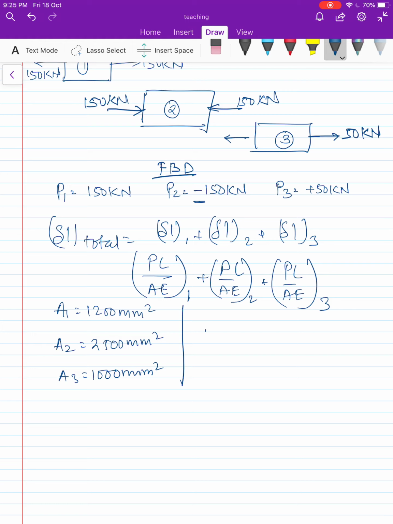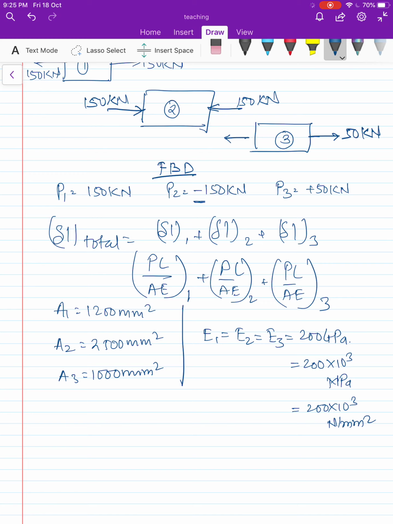Now E is already given to us, that is E1 equal to E2 equal to E3 equal to 200 GPa, which is nothing but 200 into 10 to the power 3 MPa, which is nothing but 200 into 10 to the power 3 Newton per mm square.